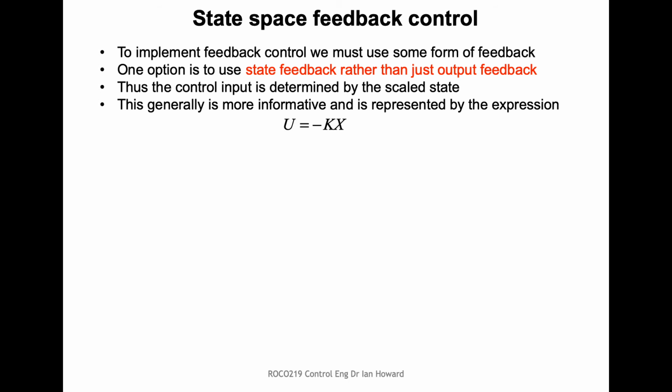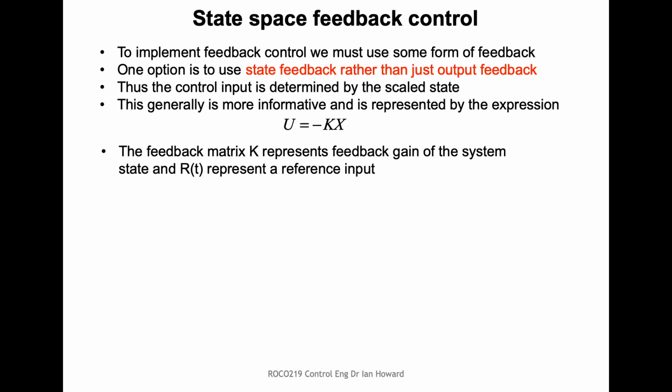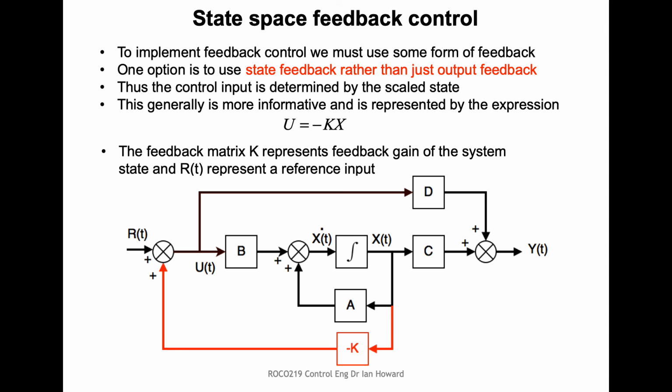So we're going to say that the input u equals minus k times x, where k is a weight vector of the gains, and x is the state vector of the system. And of course we can also incorporate into this arrangement a reference input for each of the states as well.